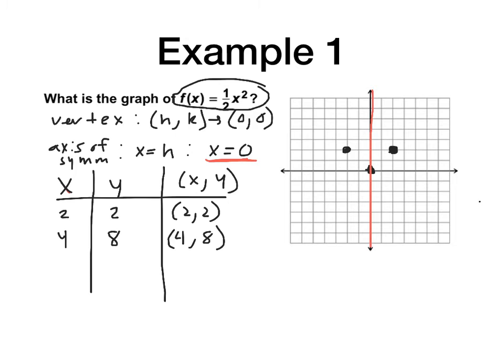So we can go to our graph. We'll go to the right 4 and up 8. It'll be off the graph a little bit. And we're going to do the same thing on the other side of the axis of symmetry. So we're going to go to the left 4 and up 8.